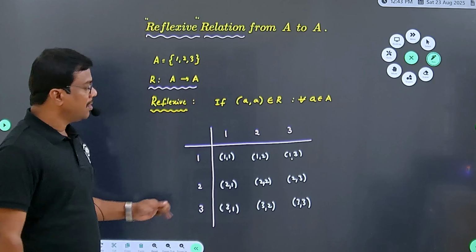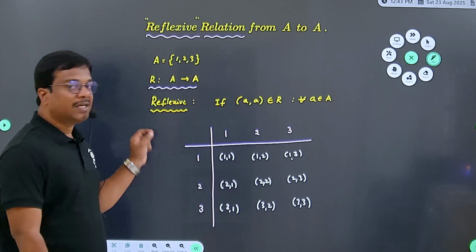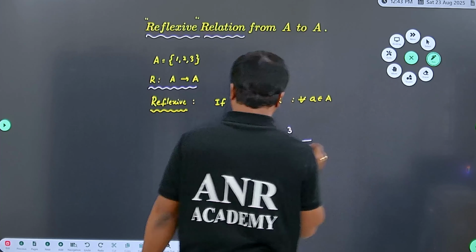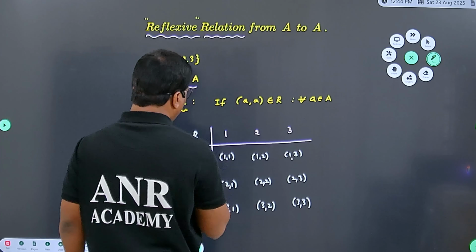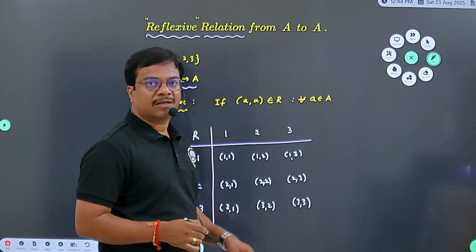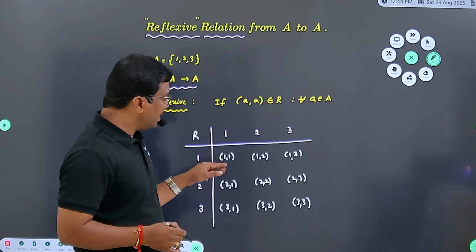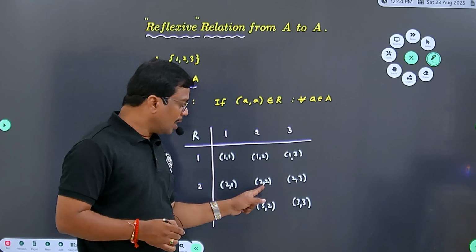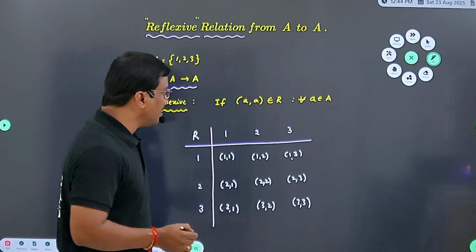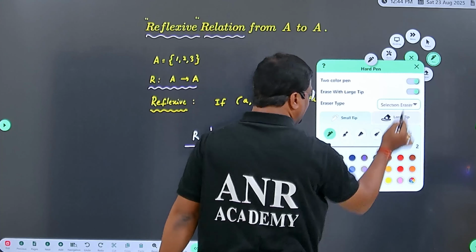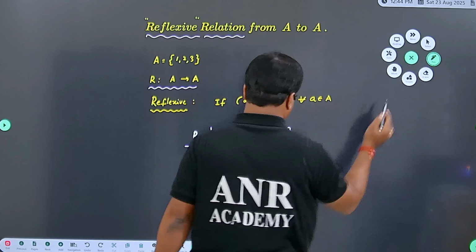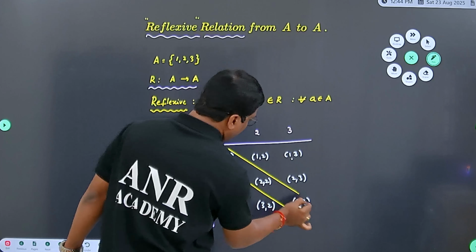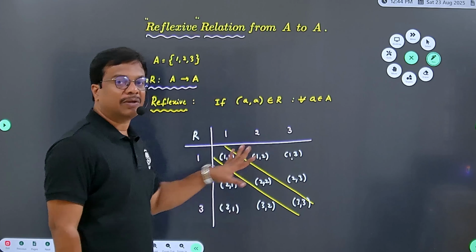These are the set of values of A cross A. Here the entries (1, 1), (2, 2), (3, 3), particularly these three, are called diagonal entries, and the remaining are non-diagonal entries.